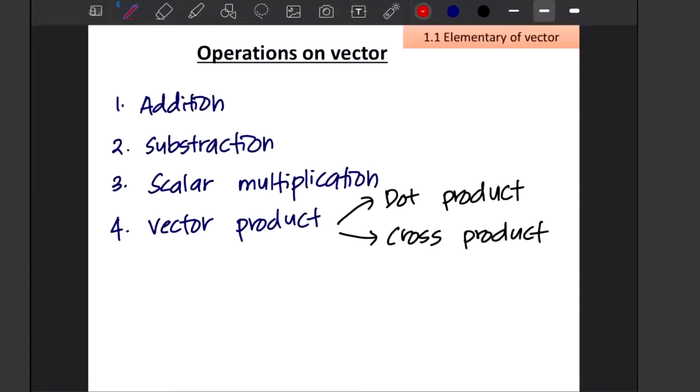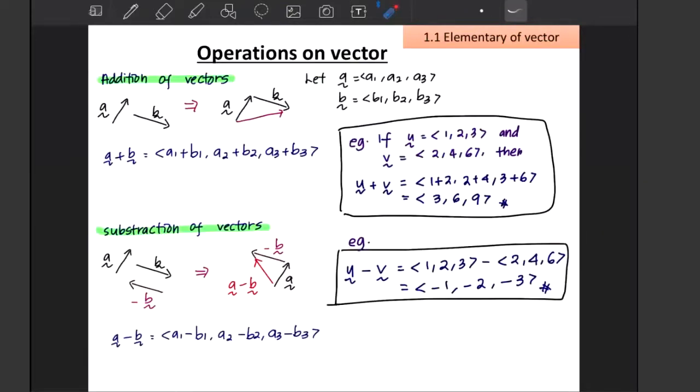Okay, let's proceed to operations on vectors. We have addition, subtraction, scalar multiplication, and the vector product. Look at addition of vectors.